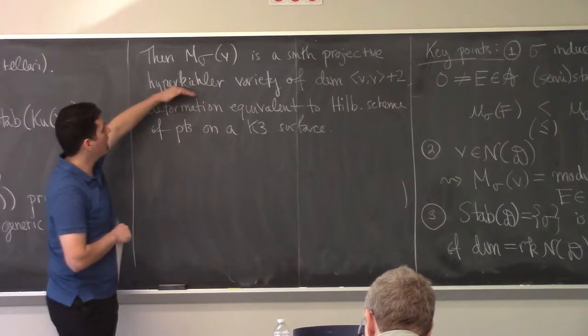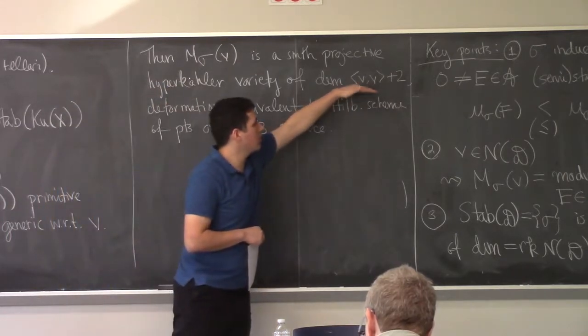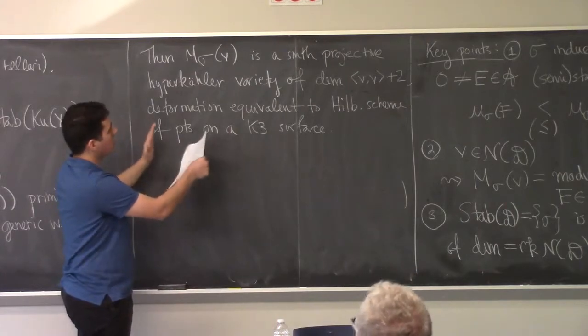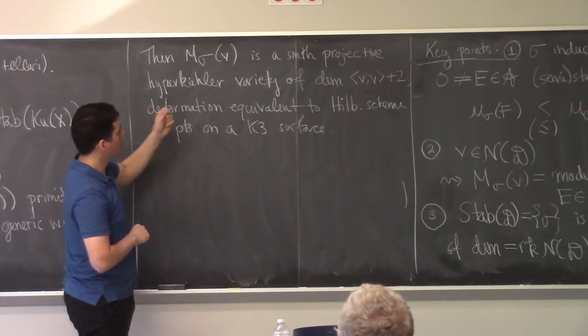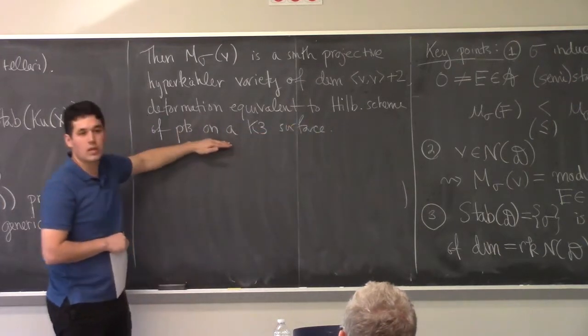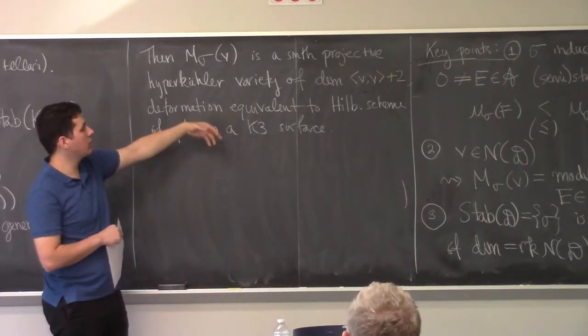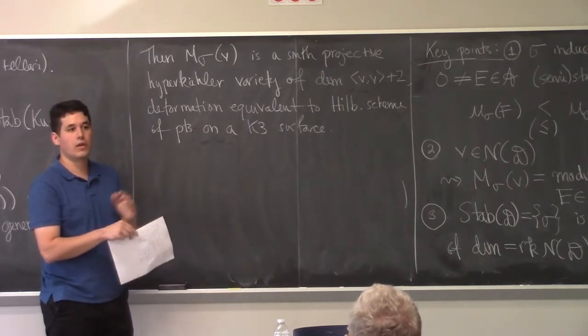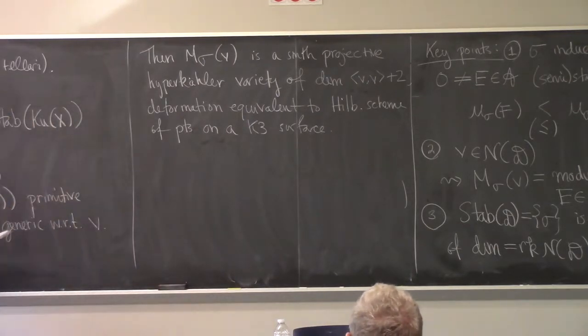So this thing is hyperkähler. Its dimension is given precisely by this quantity, and it's actually deformation equivalent. So there's a smooth family whose special fiber is a Hilbert scheme of points on a K3 surface. Hilbert schemes of points on a K3 surface are the classical example of hyperkähler varieties.